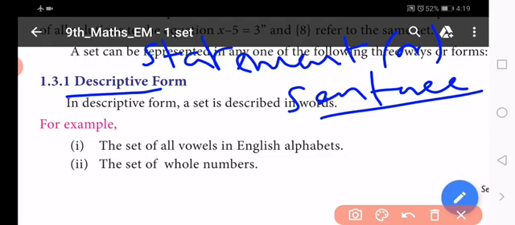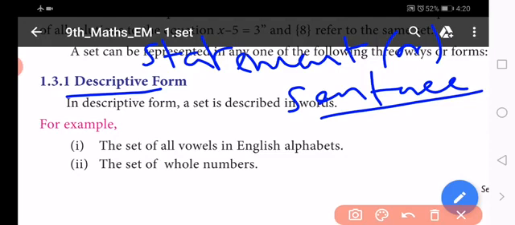This is known as the descriptive form of specification. The description must allow a clear determination of which elements belong to the set and which do not.